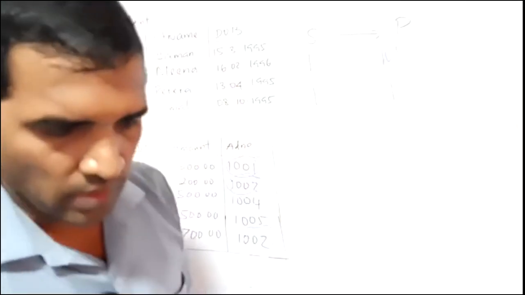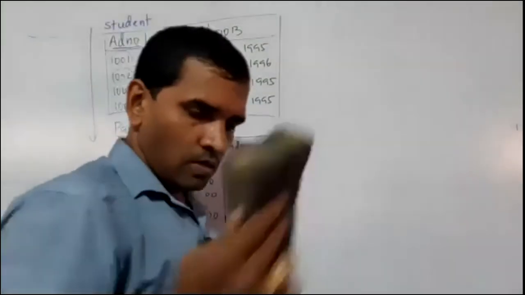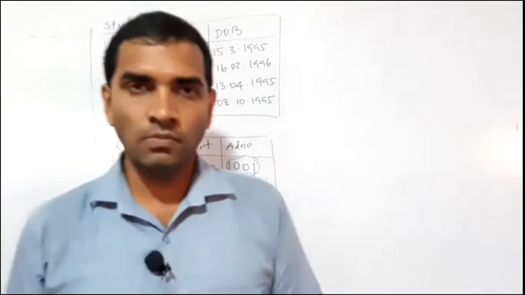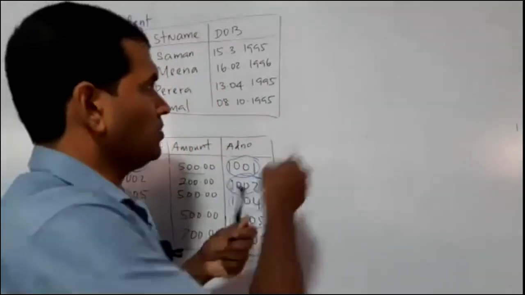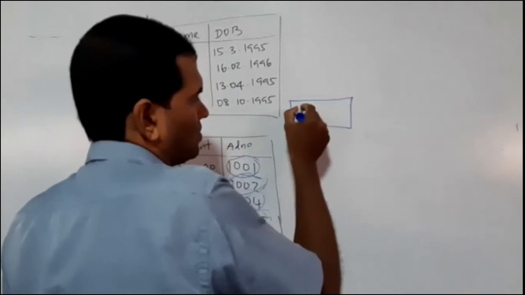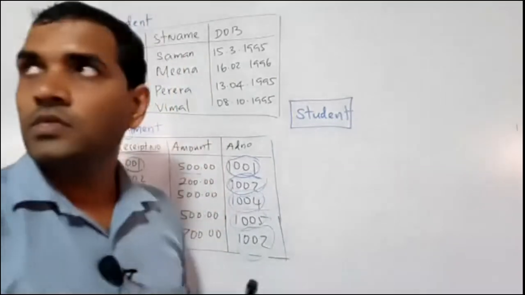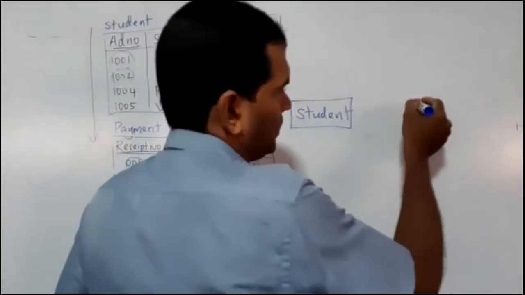Okay, let's understand. So I'm going to take the same idea again, drawing those two tables and having the relationship. Listen to me. So this is the student table, right? We have the student table here. And also we have the payment table.